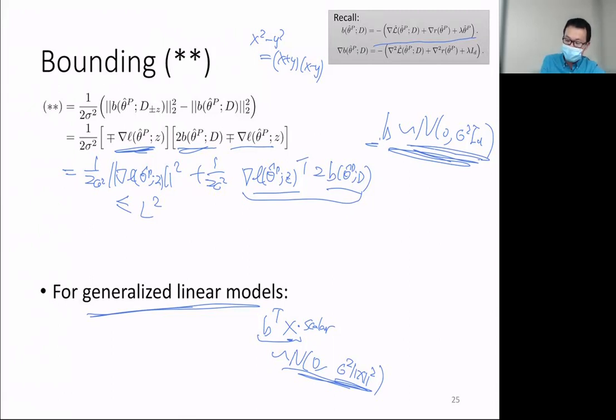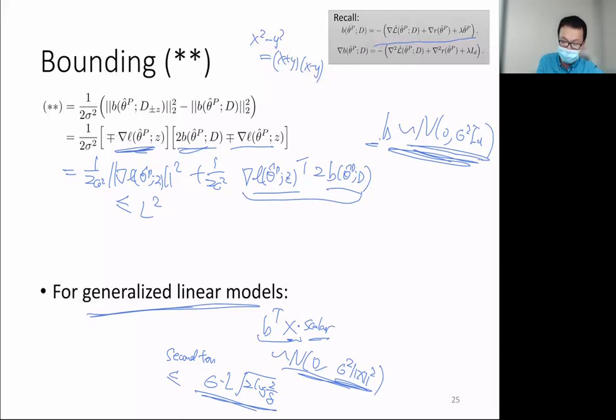For the generalized linear model, since we can work out that b transpose x is drawn from a univariate Gaussian, we can bound the second term by sigma L times the square root of 2 log 2 over delta, right? For the GLM, we can bound it with this, since this x norm multiplied with that scalar is always smaller than L.